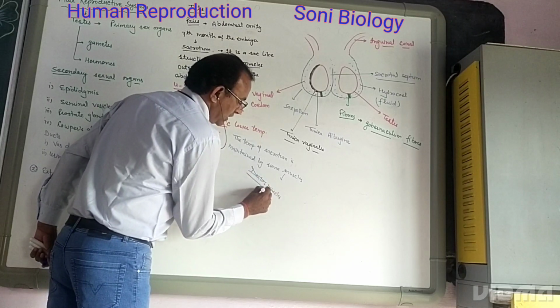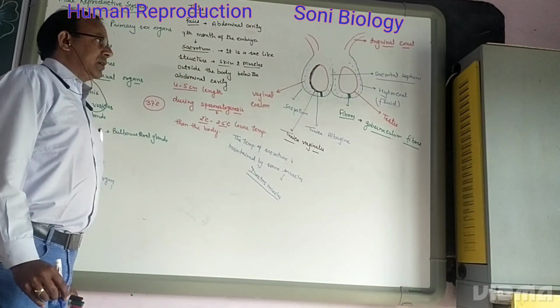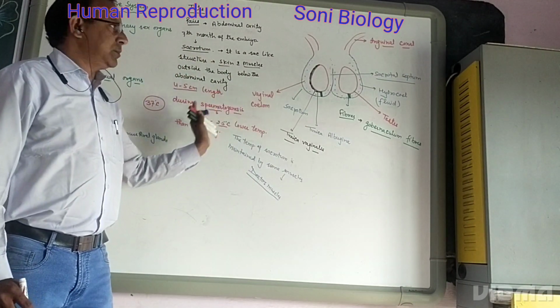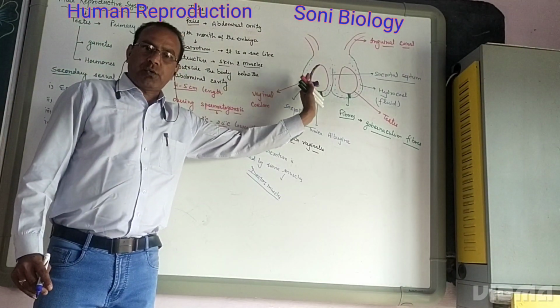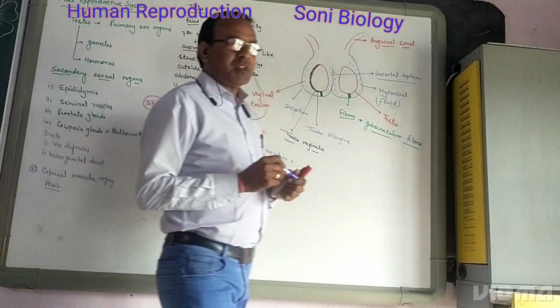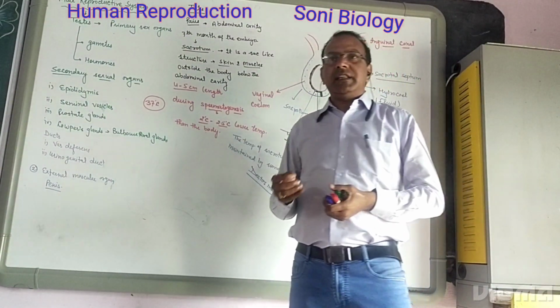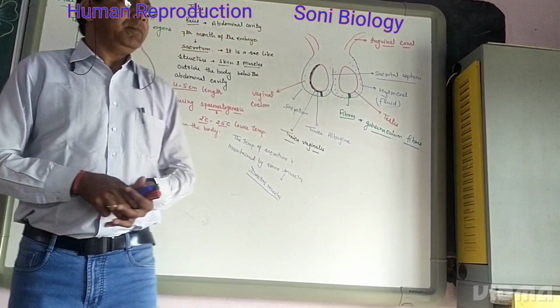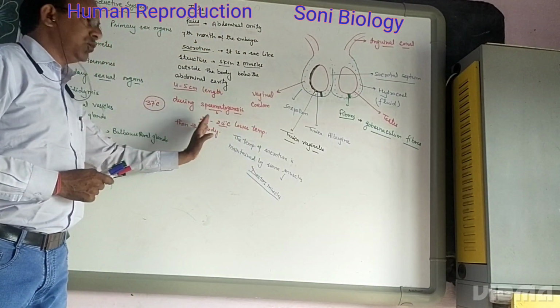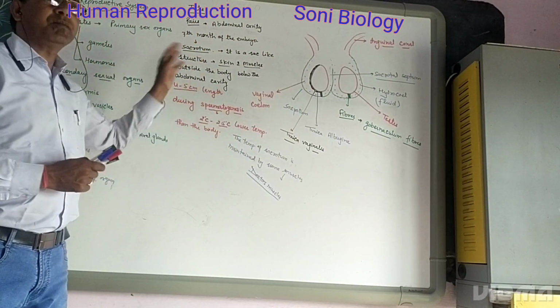Due to the presence of these dartos muscles, there is a difference between the body temperature and the scrotum temperature, so that the maintained temperature of the scrotum is 2 degrees Celsius to 2.5 degrees Celsius lower than the body.